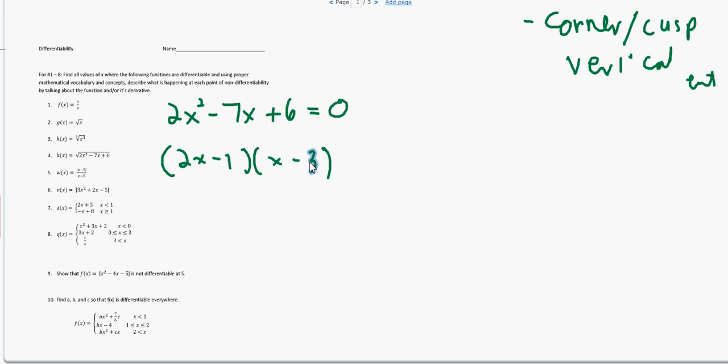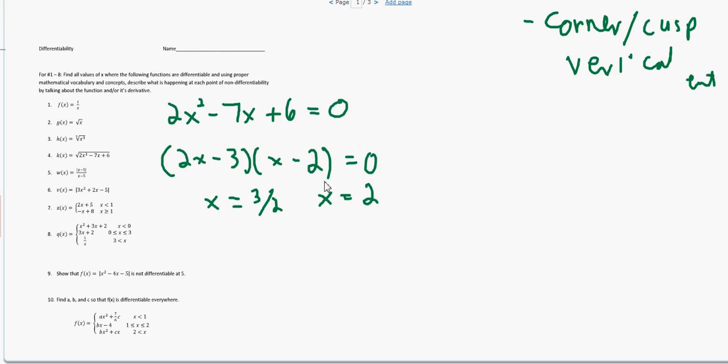This doesn't work. That's terrible factoring. I'm laughing at myself. 3 and 2, there we go. So 2x squared minus 4x minus 3x minus 7x plus 6, okay. So this thing is 0 at 3 halves and 2.